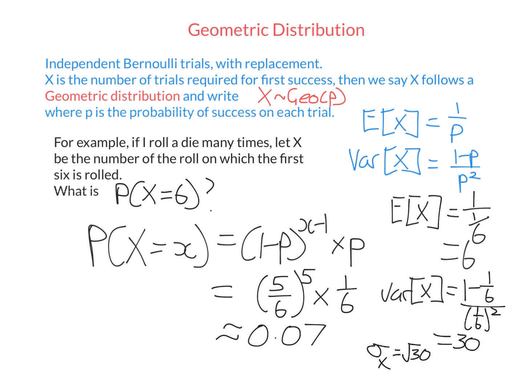And that's pretty close to 5.5. And so that's sort of the average distance from the mean I would expect. If I performed this experiment over and over again, the average distance from this expected value of 6 would be 5.5.